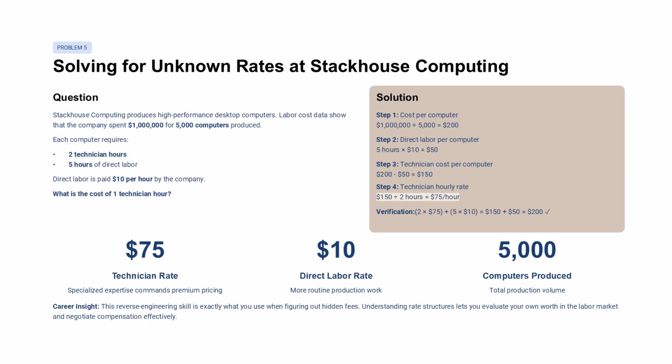Stackhouse's technicians at $75 per hour probably cost the company $100 plus per hour, including benefits, training, equipment, and supervision. The gap between what workers receive and what their labor costs the business is real and significant. Knowing how to trace labor costs to activities makes you a more sophisticated negotiator of your own compensation because you understand the business model behind the paycheck.